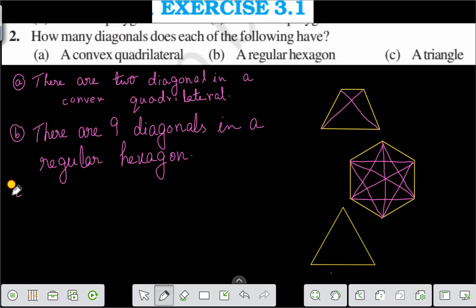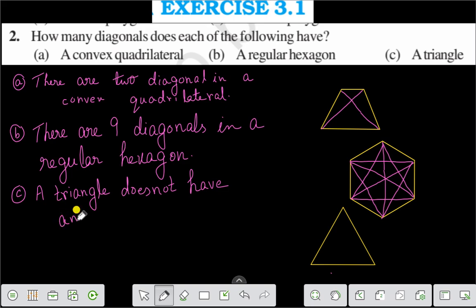Then we can say that a triangle does not have any diagonal in it, right?